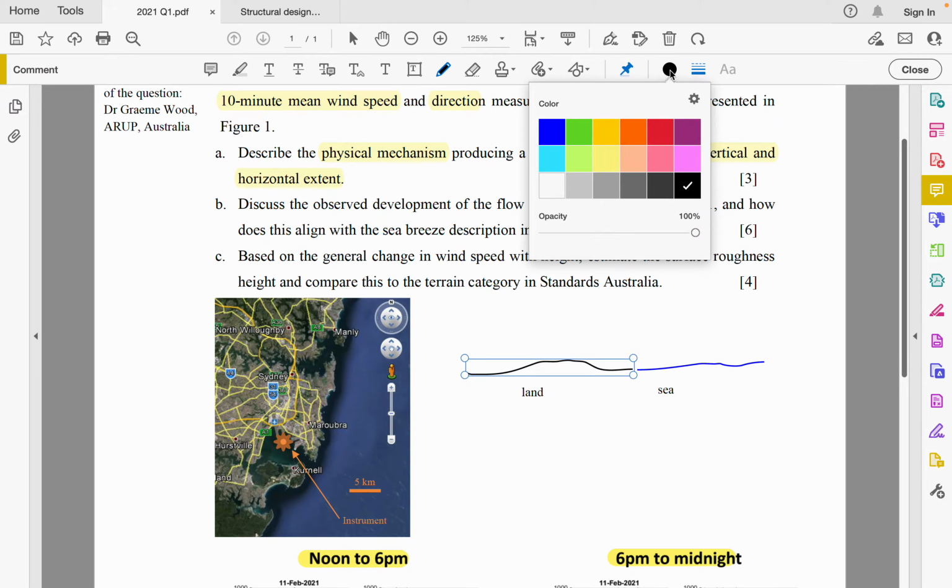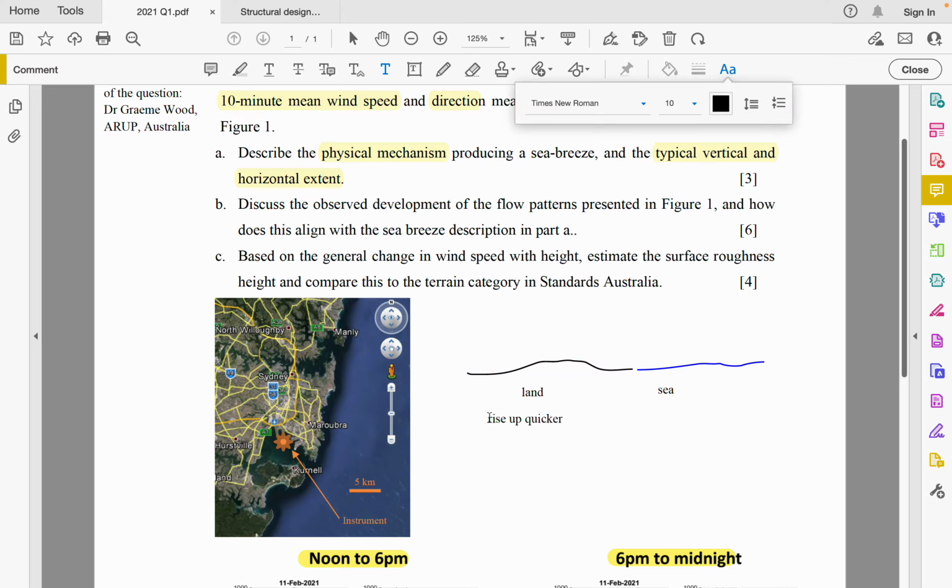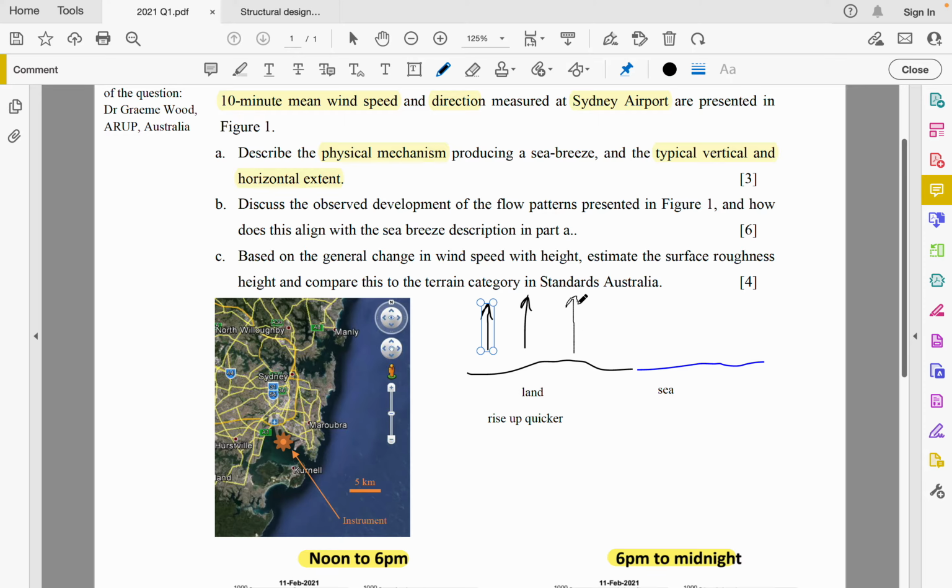The main difference is in hot summer, the land will rise up quicker in temperature. Then the hot air will rise up, and it will create a relative low pressure zone near the surface. So the air will blow to the land near the ground, and you can see the circulation will be formed.